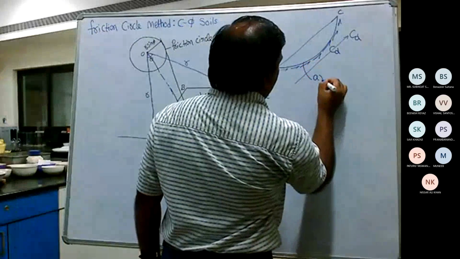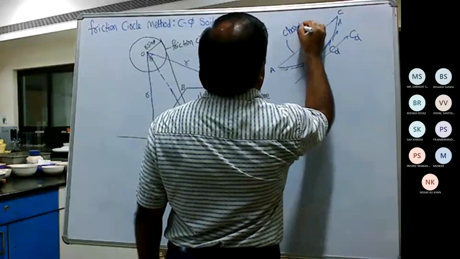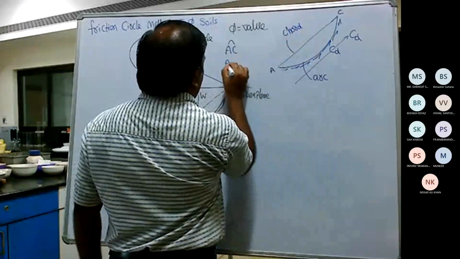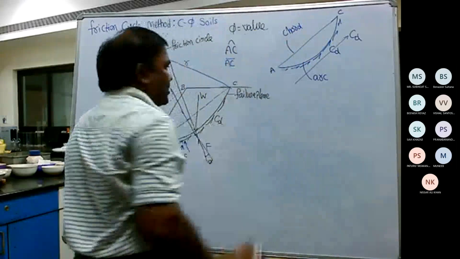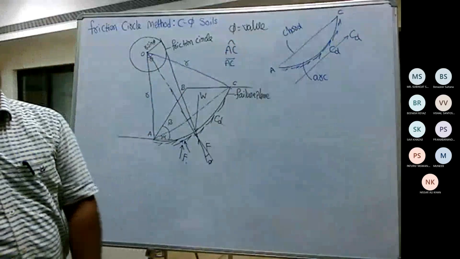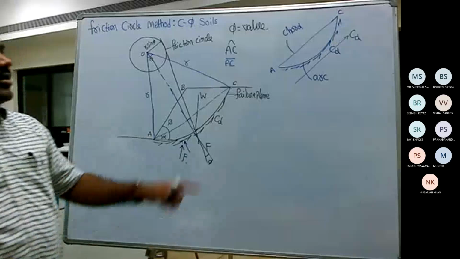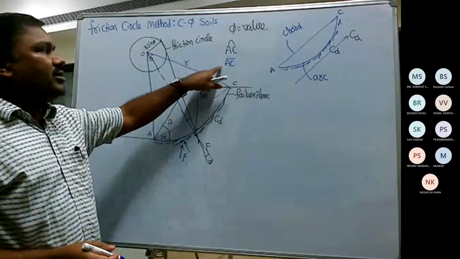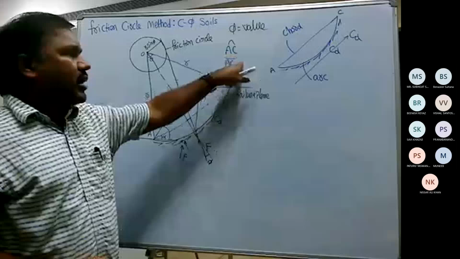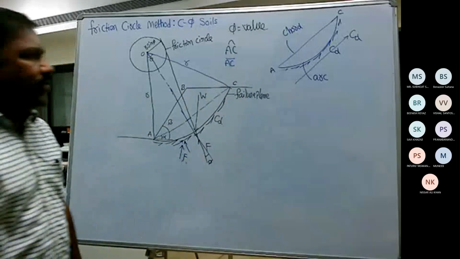This is the arc and this is the chord. The chord is represented with a bar, and the arc is represented as an arc. This is the arc length and chord length. So this is a mathematical way of representation.